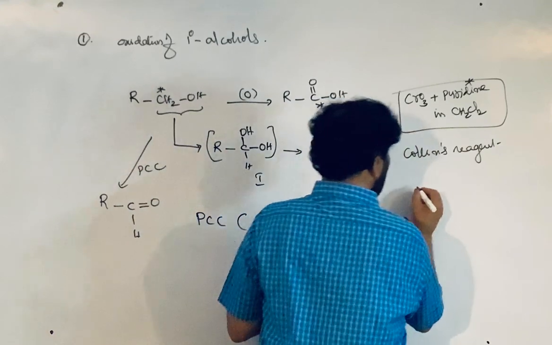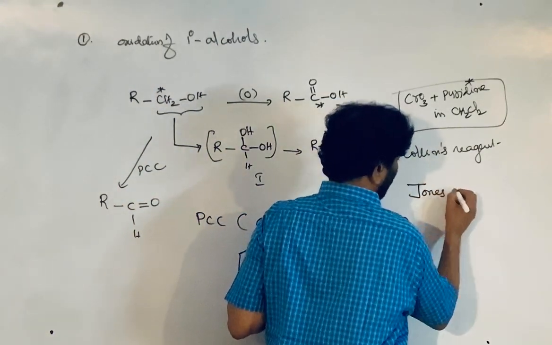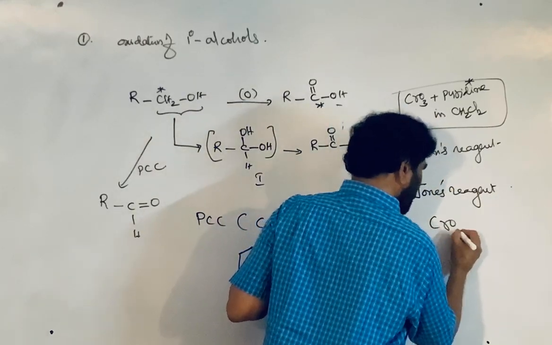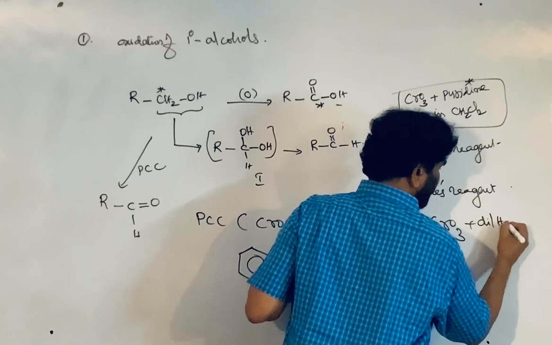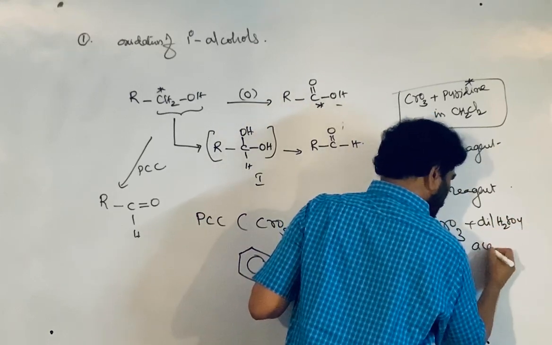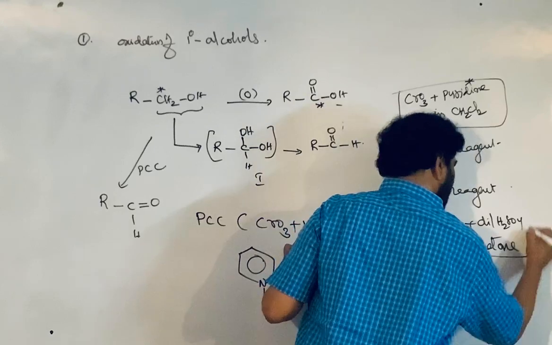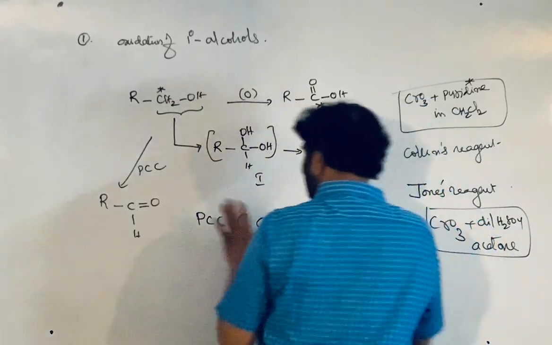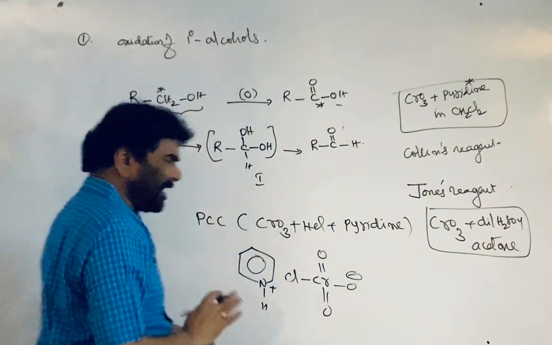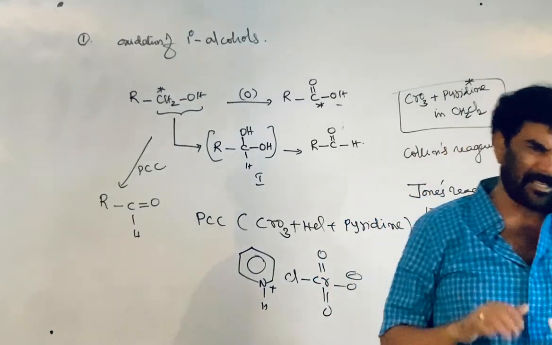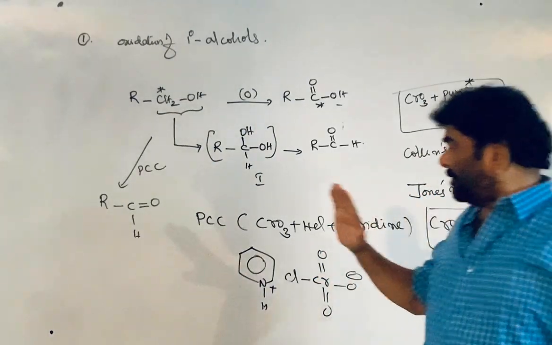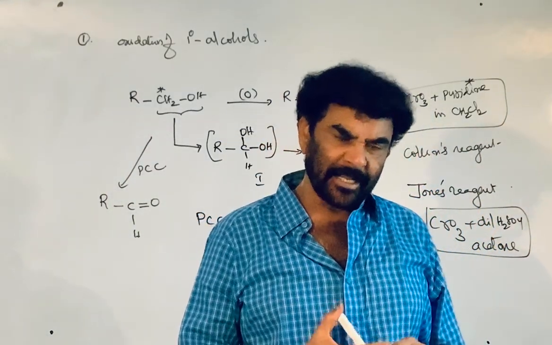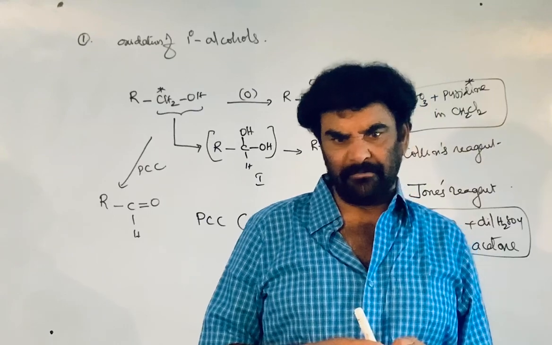And the third one is the Jones reagent. Jones reagent is nothing but CrO3, dilute H2SO4 and acetone mixture. This works in an acid medium. This also converts the primary alcohol into aldehyde, but it is not a good reagent, since there is a chance for further oxidation of the aldehyde into carboxylic acid.